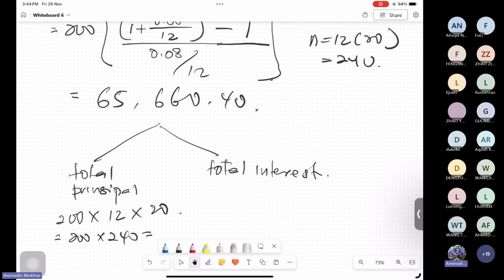Your total money is 200 times 240, that's 48,000. It's your own money, the original principal, not including the interest. So the total principal for this case is 48,000.